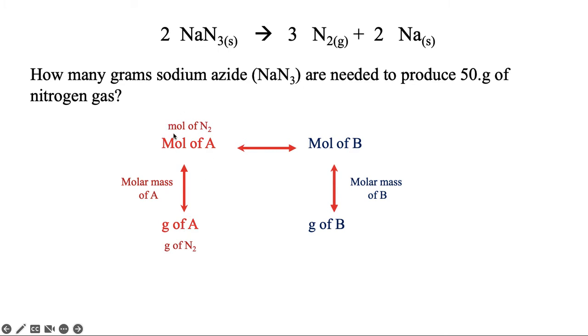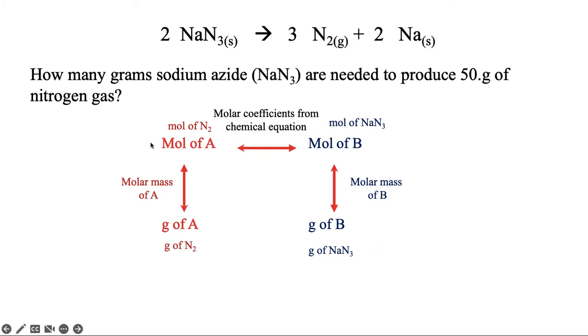Once I have the amount of moles of nitrogen, to convert to moles of sodium azide, which is my other compound, I can use the molar coefficients from the chemical equation like we did in the previous problem. And once I have moles of sodium azide, I can go to grams of sodium azide by using the molar mass of B, or molar mass of sodium azide.